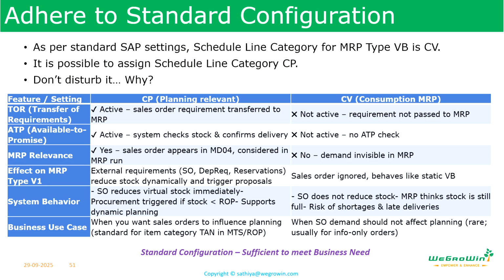Here we saw the effect of CP and CV with MRP type V1 in a detailed demonstration. With CP, the system considers the external requirements properly, and for business needs, the system will react immediately. So let us follow the standard settings to get the maximum benefit from SAP. Let us not play with that.